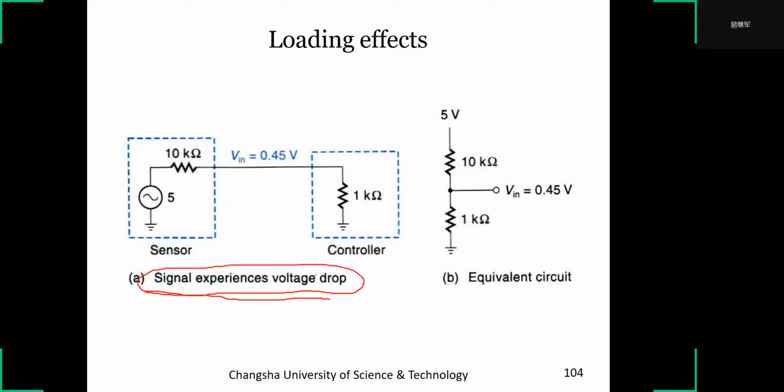So this is 5 volts. When the signal passes through this wire to here, maybe there is a 0.5 volt drop on the wire. We call it the loading effect.